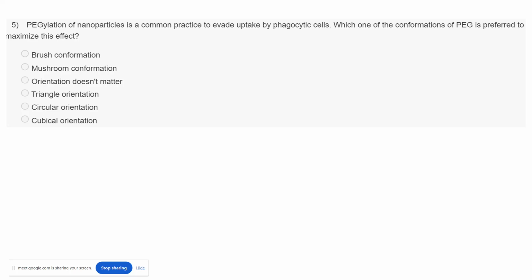Ma'am, option 2. Option 2. Okay. Sorry, I think it's option 1, brush conformation. Okay. Anyone else would like to answer? Which of these conformations of PEG is preferred to maximize the effect of evading uptake by phagocytic cells?